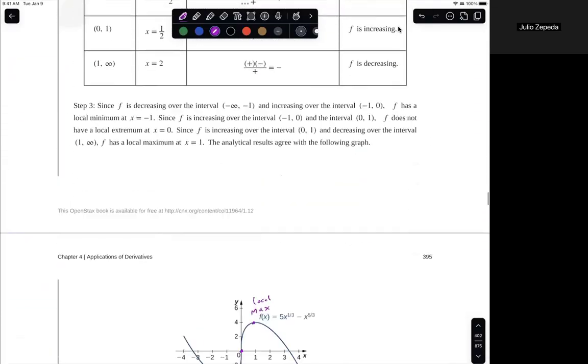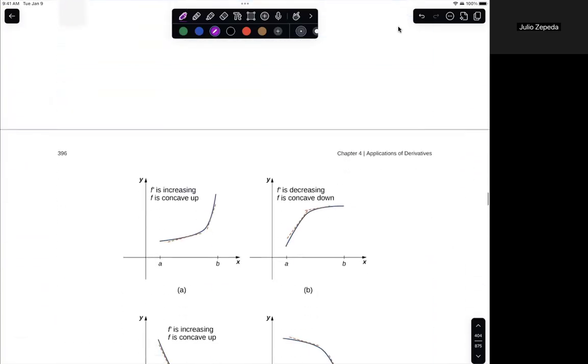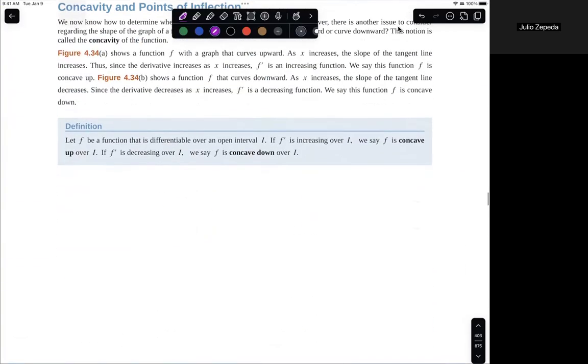Just very quickly, we'll mention that the second derivative tells us about the concavity of a function.